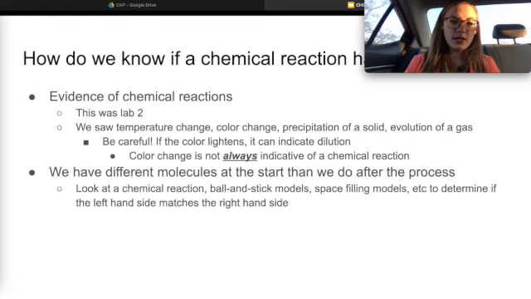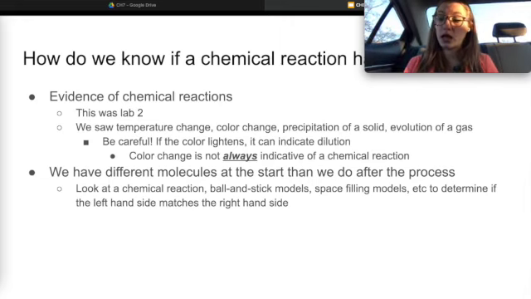Let's keep going. So how do we even know if a chemical reaction has occurred? We had the evidence of chemical reactions lab. This was lab 2. We saw temperature change, we saw color change, we saw precipitation of a solid, we saw evolution of a gas. These are all evidence that a chemical reaction has occurred.